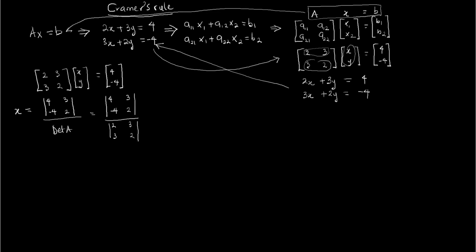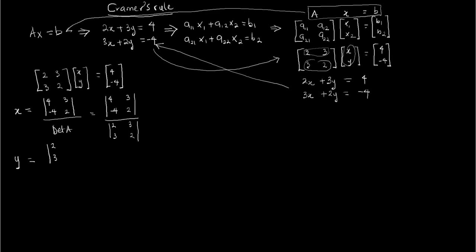To understand this very well, I'll go straight on to do the y. The y is going to be very similar, but this time, instead of replacing the first column, I'll leave the original values 2, 3, and the second column is going to be replaced by the b values.